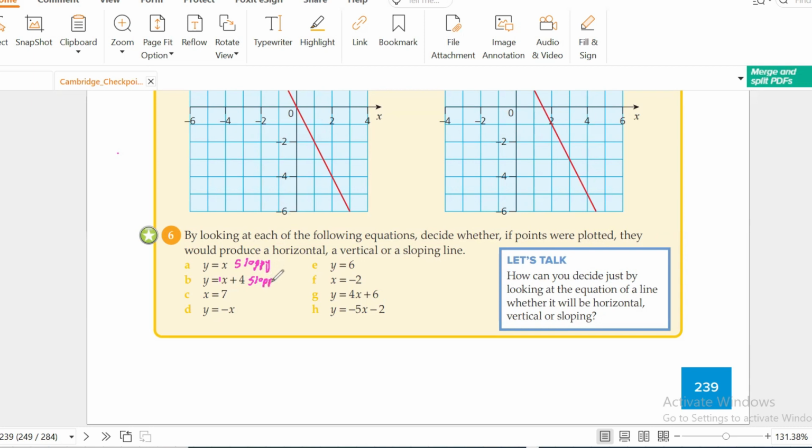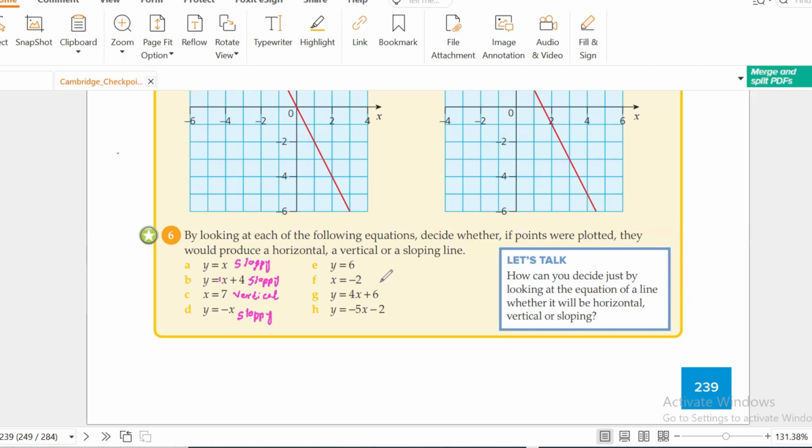This is a slopy line. And when x is fixed, as I said, this is a vertical line. And when the gradient is negative, still it is slopy, but the line will go from left to right down. So this is slopy.